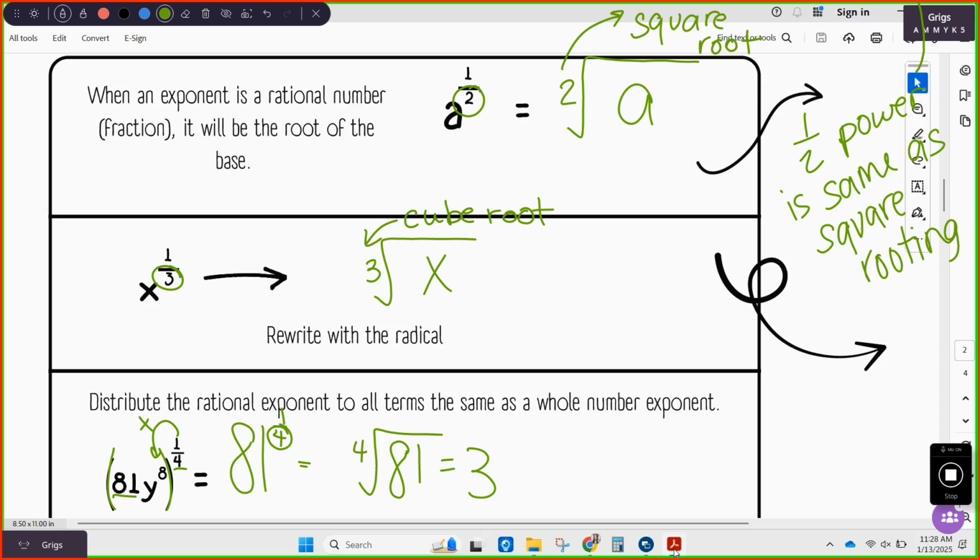I love how you're all waiting for someone else to do the math when I'm going to stare at you awkwardly until you have something typed on your calculator. What do we get? 2. So when I rewrite it, I simplified this to 3 and y to the 2nd power.